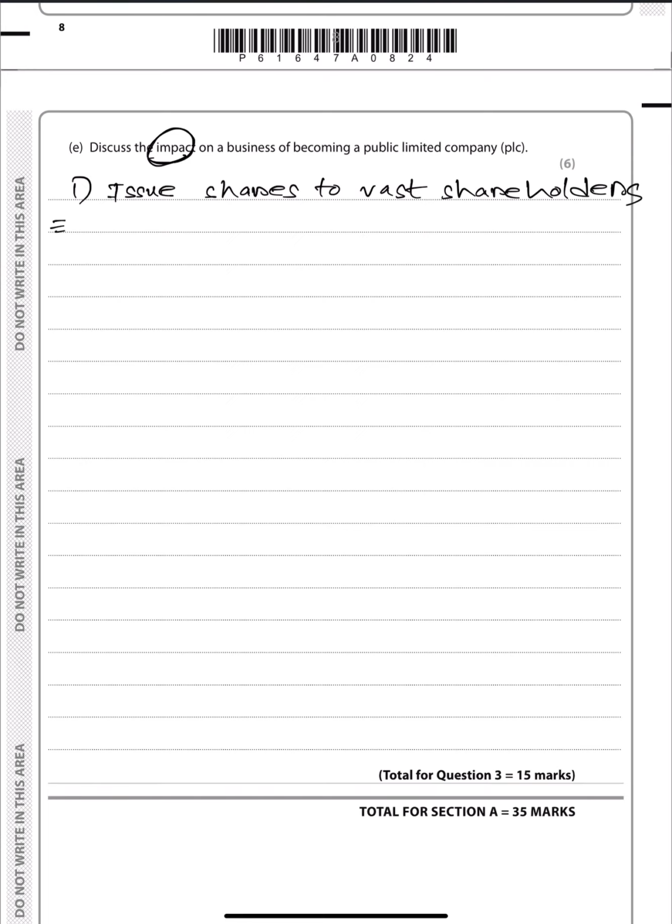And this will allow the business to gain more capital. Okay, the issuing of new shares is an advantage in this point because I'm gaining more capital, but it's a disadvantage for the existing shareholders because it will dilute their power and their percentage of ownership as well. So this is a disadvantage.